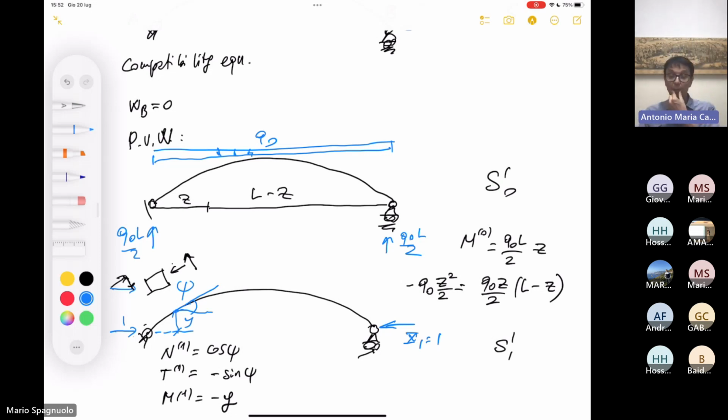So now we apply the principle of virtual work to obtain WB, the two contributions of WB over these two subsystems.